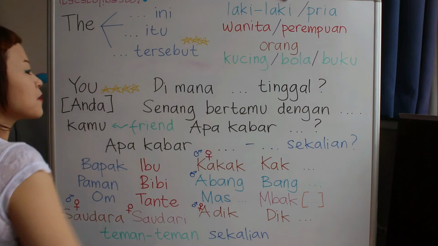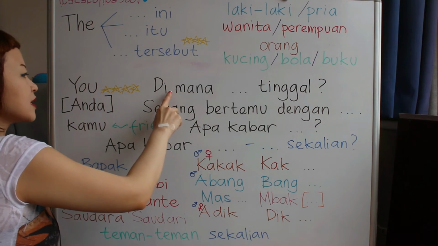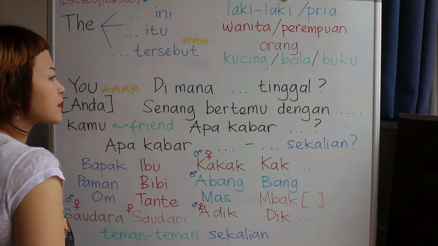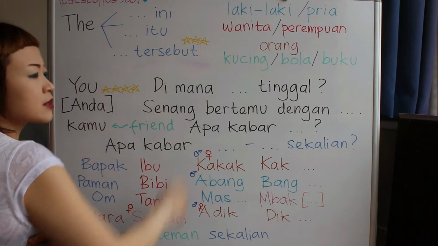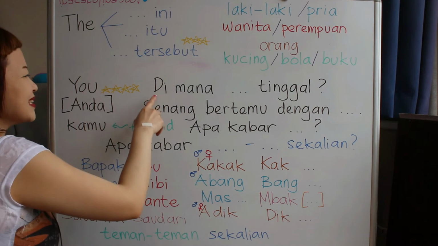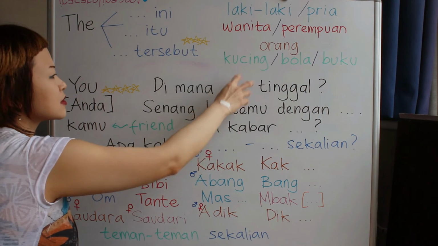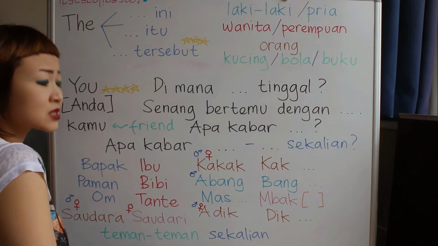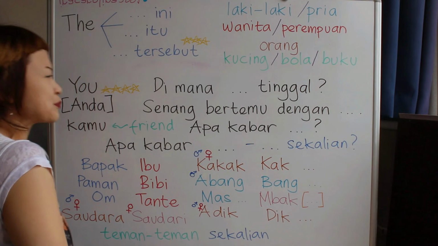Di mana, di and then space here. Di mana, at where, it means where. Di mana tinggal. Tinggal is stay or live.